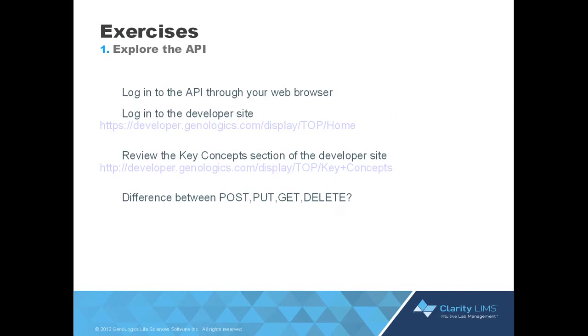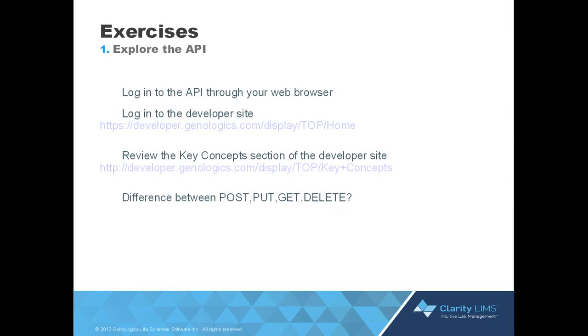Before you proceed on to module 2 of this series, you should probably complete the exercises for this module, which would be to log into the API through your web browser, and you should have already been given information on how to do that. We'd also like you to spend a bit of time looking at the developer site, in particular the initial sections, and reviewing the key concepts about the developer site.